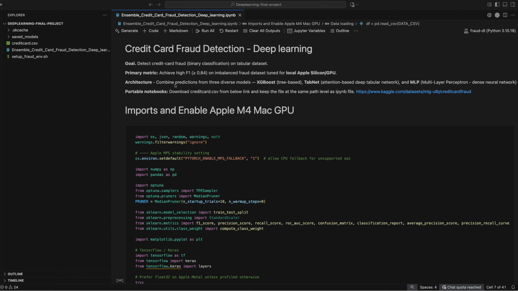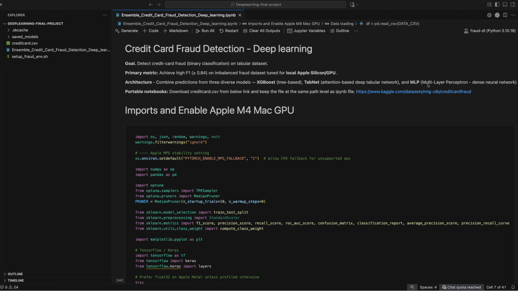The architecture that I'm following right now is a diverse model: XGBoost, which is tree-based, and then TabNet, which is the latest model out there. There was a paper published by Google in 2020 on this, so this is pretty new, an attention-based deep tabular network.